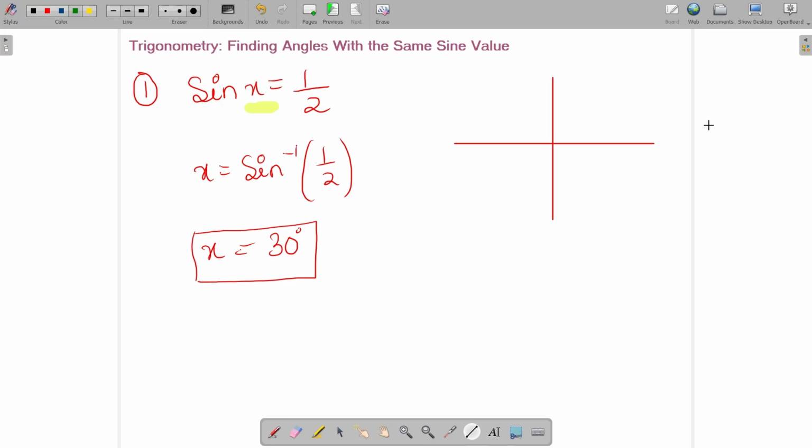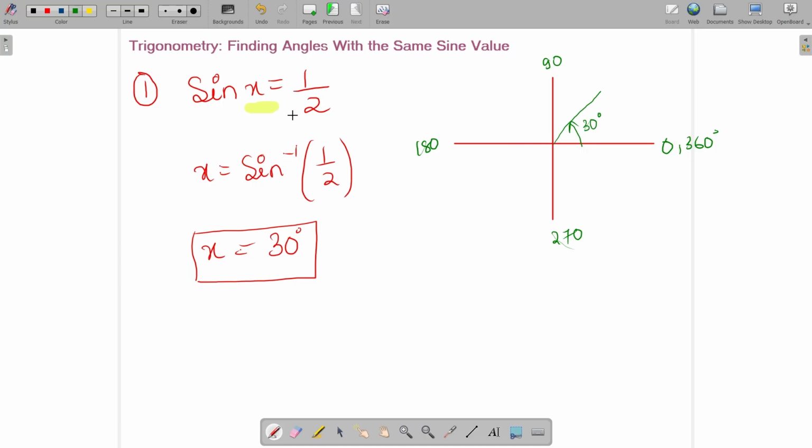Okay. So this is 0, this is 90, 180, 270, 360. Now, 30 degree is the angle that lies in the first quadrant. So this is 30 degree.